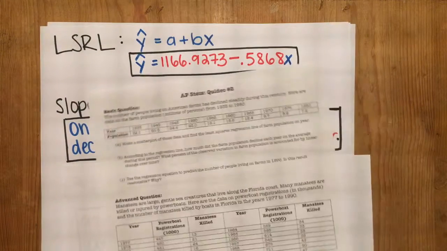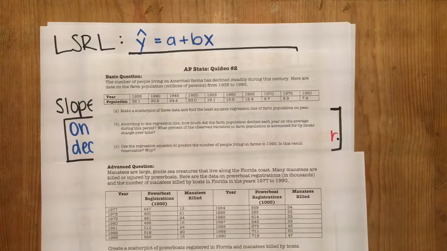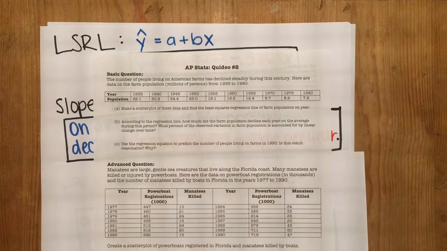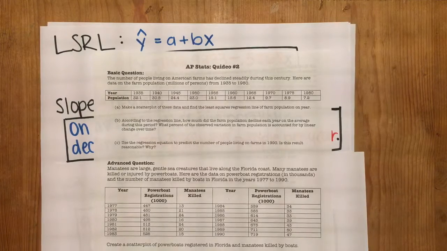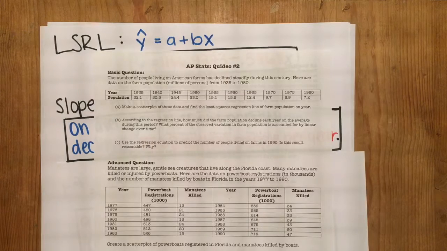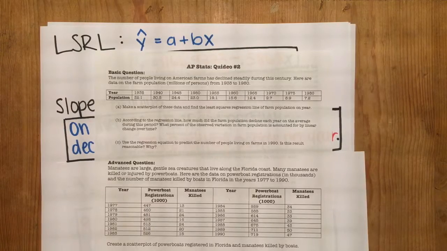And then the second part of the question says to find what percent of the observed variation in the farm population is accounted for by the linear change over time. Basically that means what percent of the observed, or the response variable, which happens to be the population, is explained by the different years or the change over time.